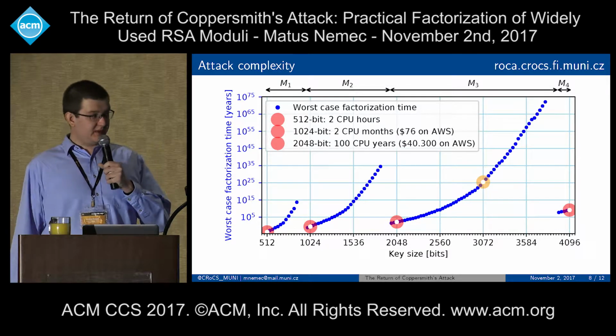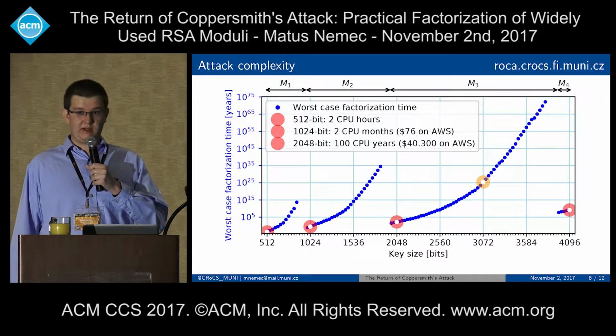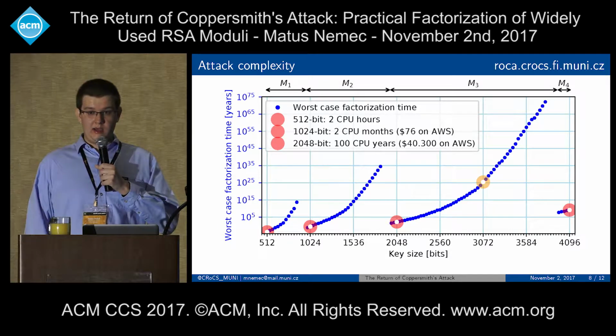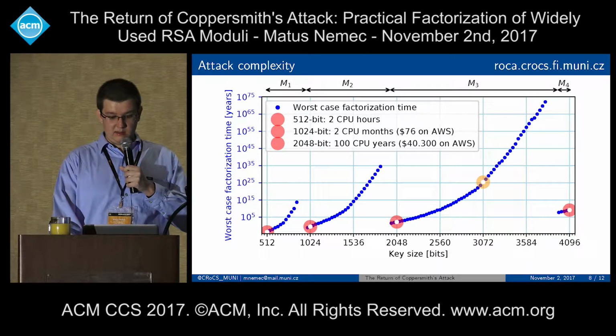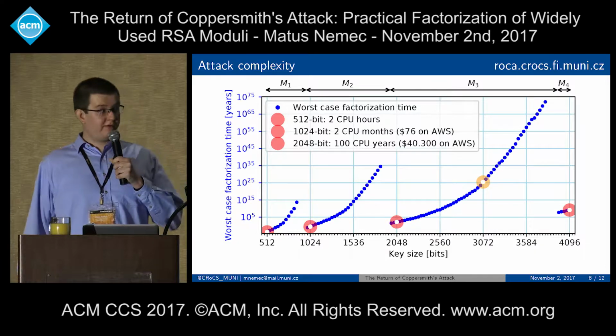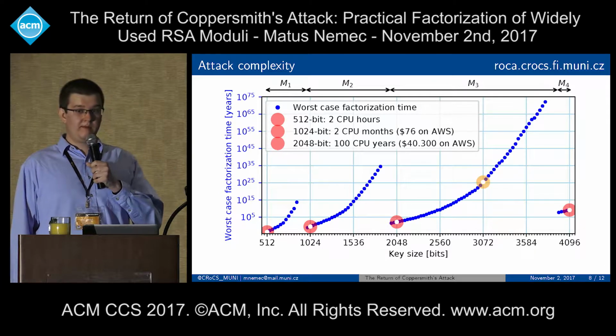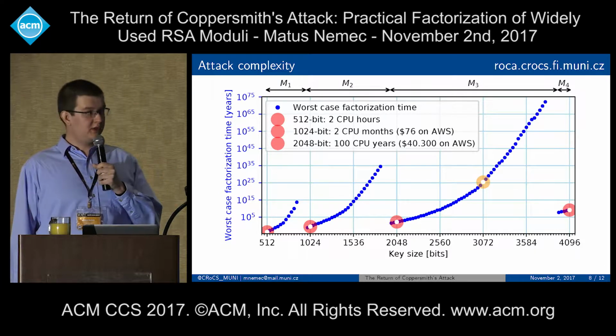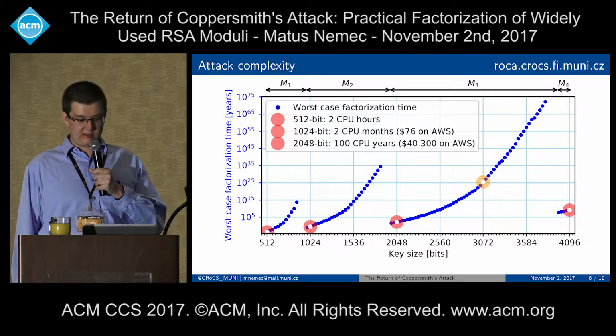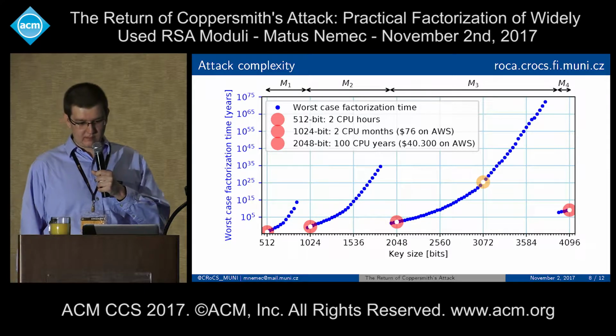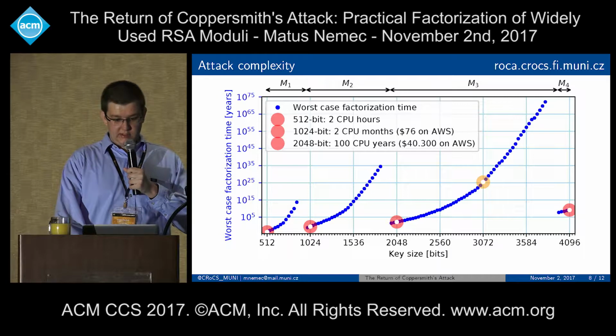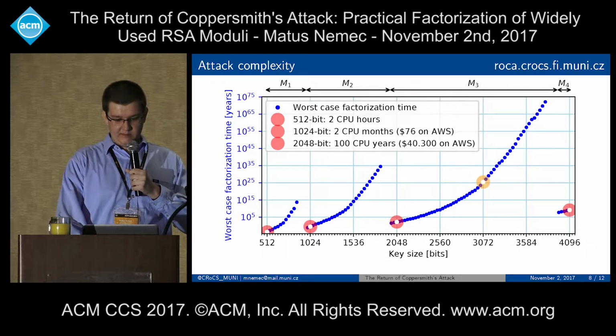This drop happens again before 4096-bit moduli. And the reason for this is that the manufacturer chose 4 distinct values of M for their algorithm, which are increasing with the increasing size of the moduli. You may notice that there are certain gaps in this graph.